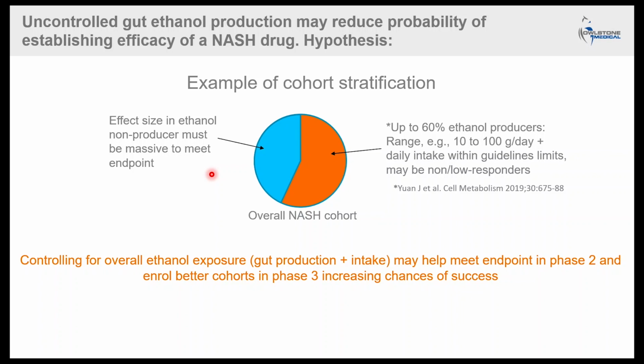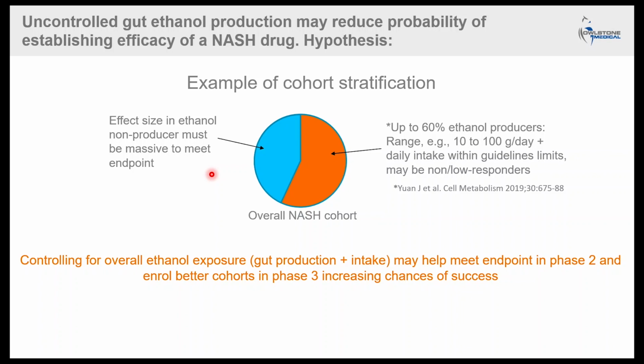So we can hypothesize that if we control for ethanol exposure, either the one taken with the diet, but also the one generated by the gut microbiome, this may help to meet the endpoints in phase 2 trials and enroll better cohorts in phase 3 trials, increasing chances of success.